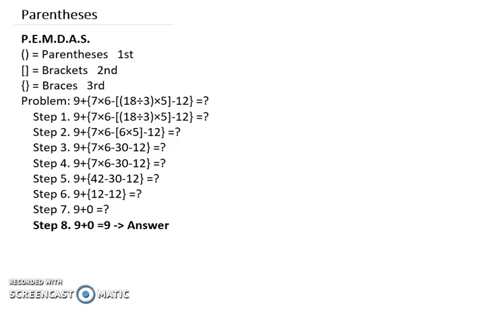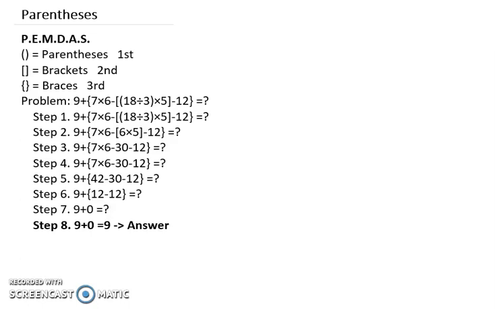When you're doing it, you have to do them in the order parentheses, brackets, and braces: first, second, third. Here I have a problem with all three of them, but normally you won't be in a problem with all three, or maybe two, or one. Sometimes there's none at all.